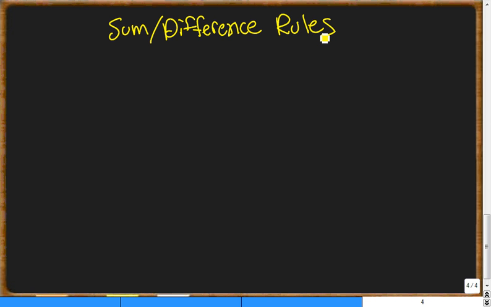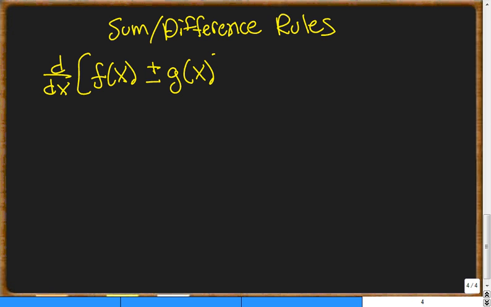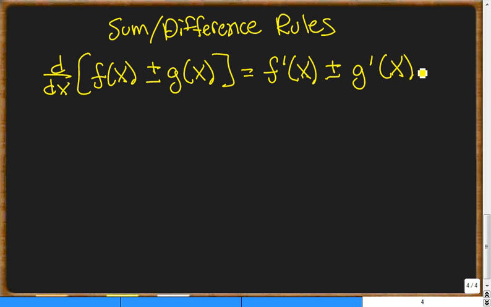After that, we've got the sum and difference rules. This one's also pretty simple. It says that if we were to take the derivative of f of x, and we would add or subtract some function g of x, the answer here would be the derivative of our first function, plus or minus, depending on what we did, the derivative of our second.